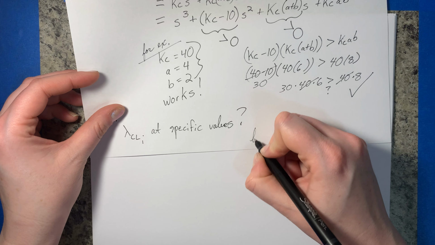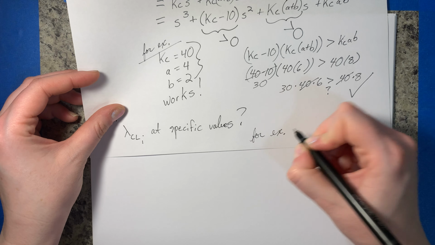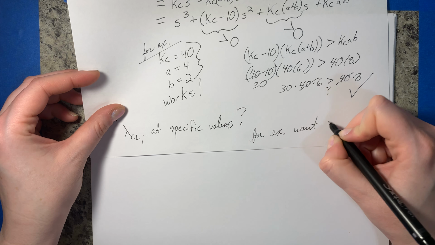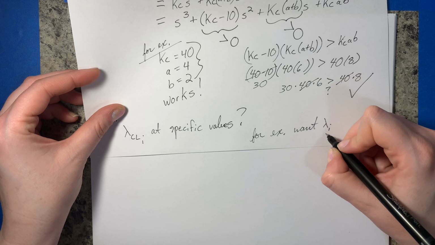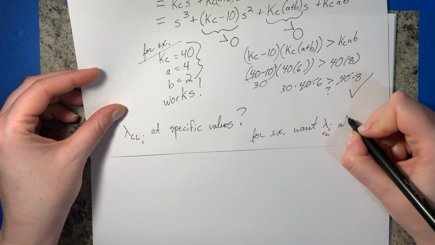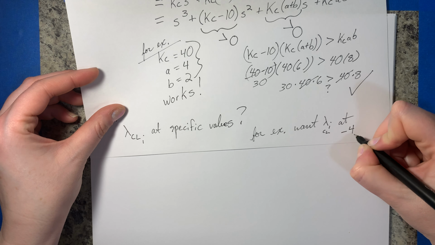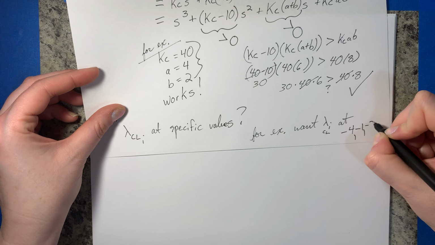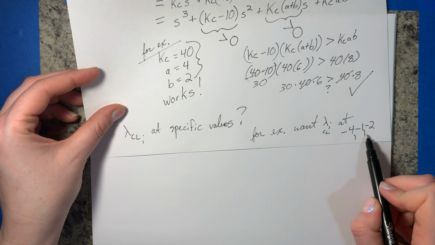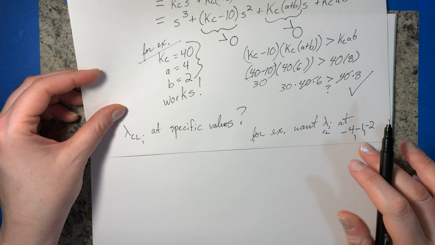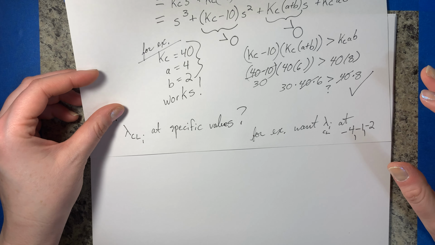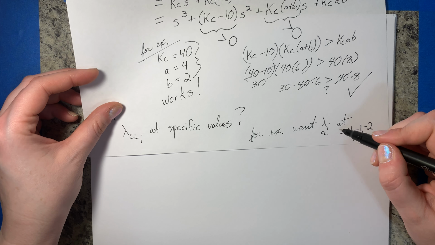And let's say, for example, we want all of the lambda I for the closed loop system at, let's say, -4, -1, and -2. Now, these had better be negative on the real axis. Otherwise, what are we doing? We're not stabilizing the system. We're making it unstable.